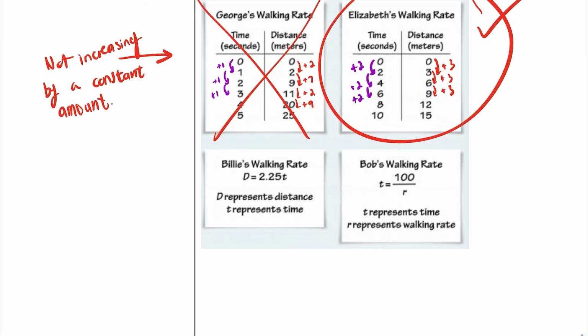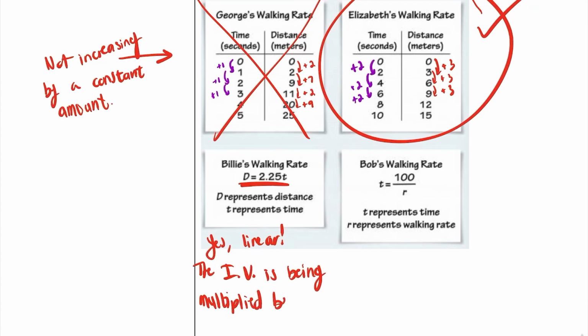Okay. Now, let's take a look at Billy. Take a look at this equation here. Does that look familiar to you? Yes, it does. So we can assume that this is linear. We have the independent variable, the IV, being multiplied by, we'll say, a walking rate.